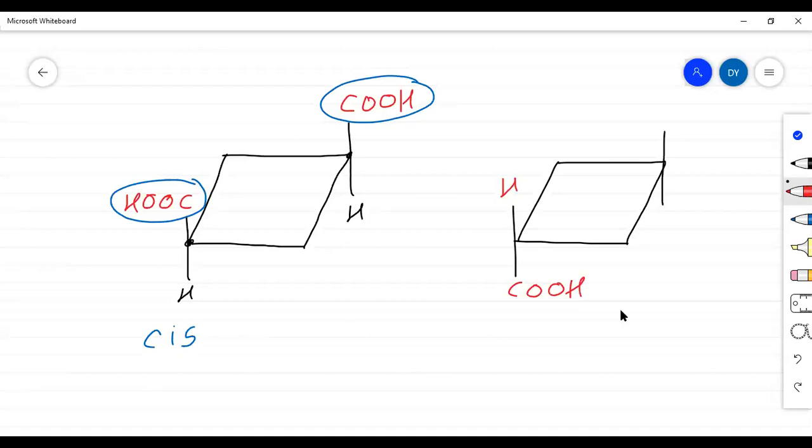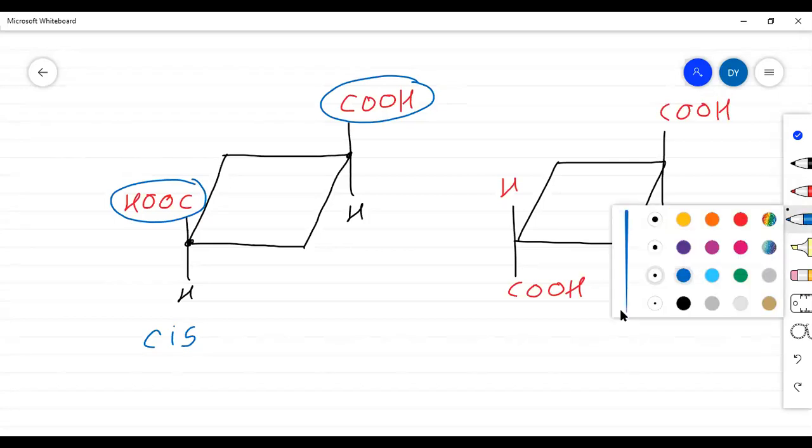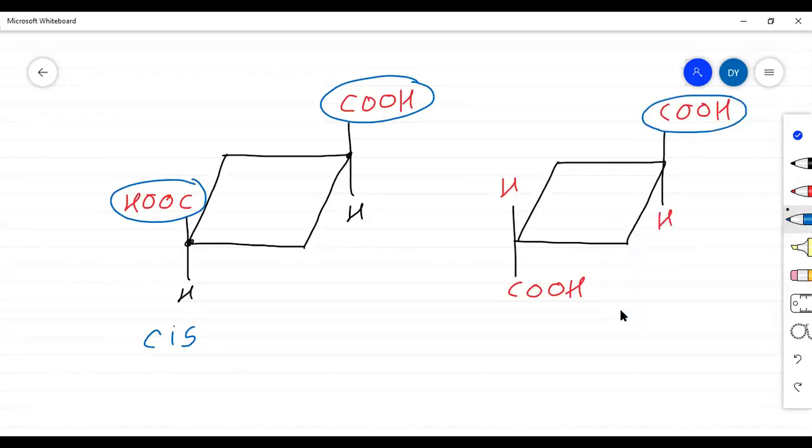Another example, COOH and COOH here. What you can observe here is that COOH and COOH are on the opposite side of this plane, and that's why this is called trans. So students, this is the concept of cis and trans isomerism in cycloalkanes.